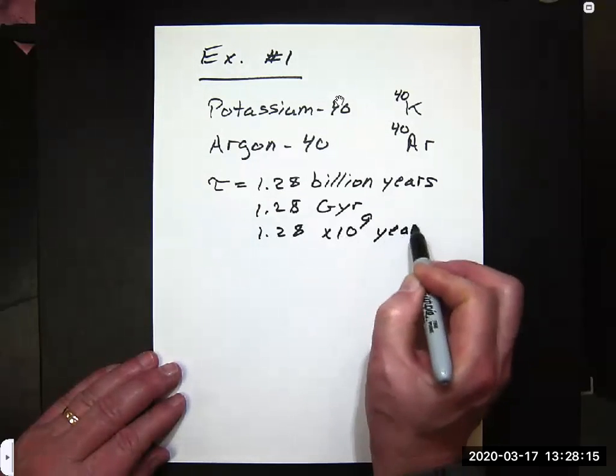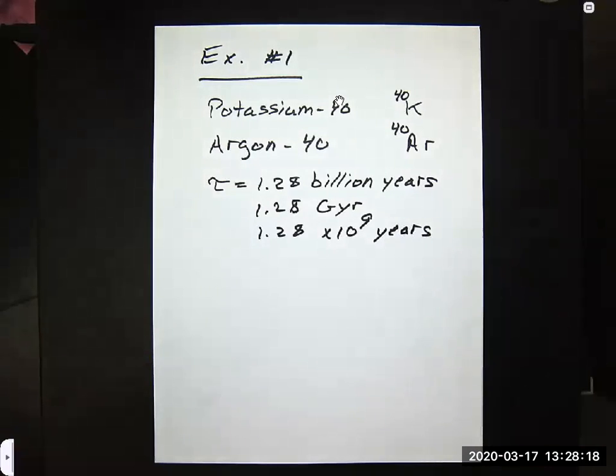Now, initially, we're not going to worry about the time amount. We're not going to ask the question about how many years, but we will come to that. Here we just want to illustrate how this half-life works.